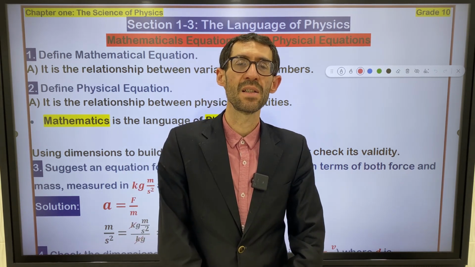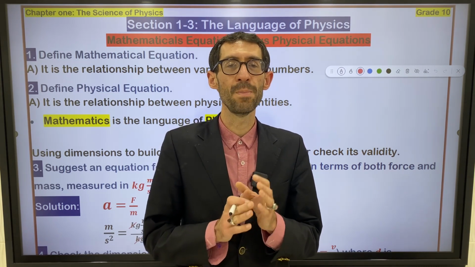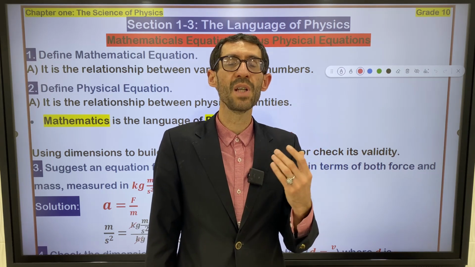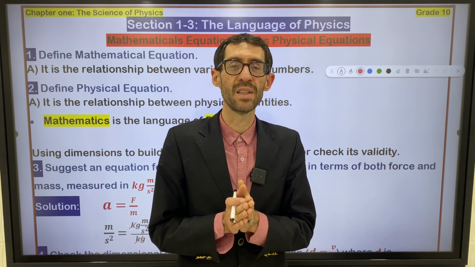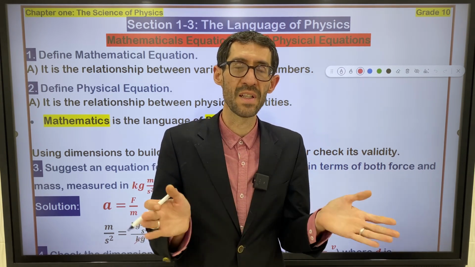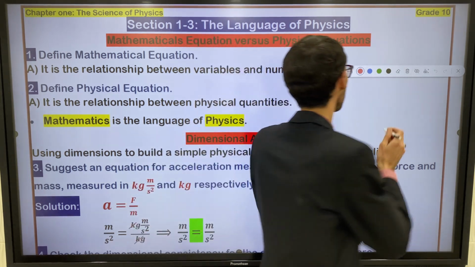In physics, the equation means the relationship between, sometimes, only physical quantities without any fixed numbers, right? Let me write an equation for you.